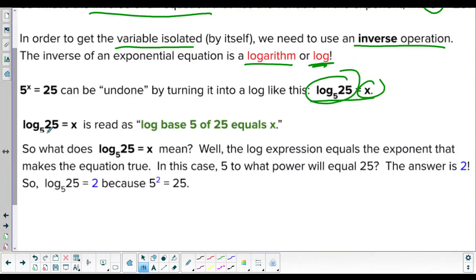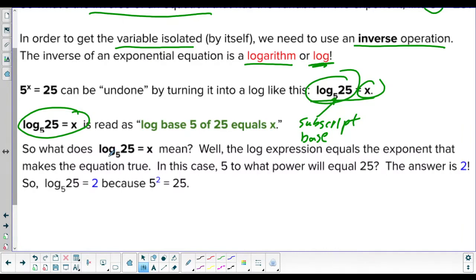If I say this out loud, the way you say it is log base 5 of 25 equals x. This little subscript, which is the opposite of a superscript or an exponent, is the base. That's the fancy word for that.